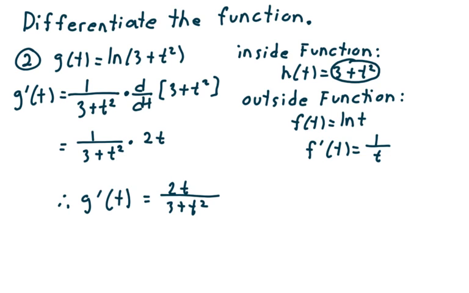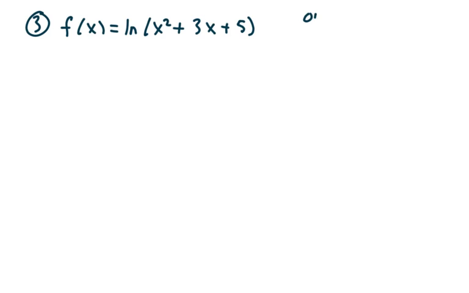If we take a look at number 3, suppose f of x is equal to natural log of x squared plus 3x plus 5. Now, if we look at the outside function, we'll call it h of x is equal to natural log of x.